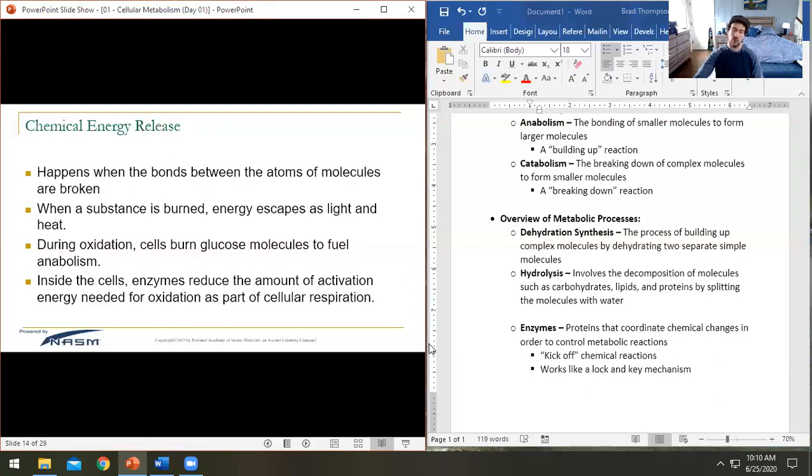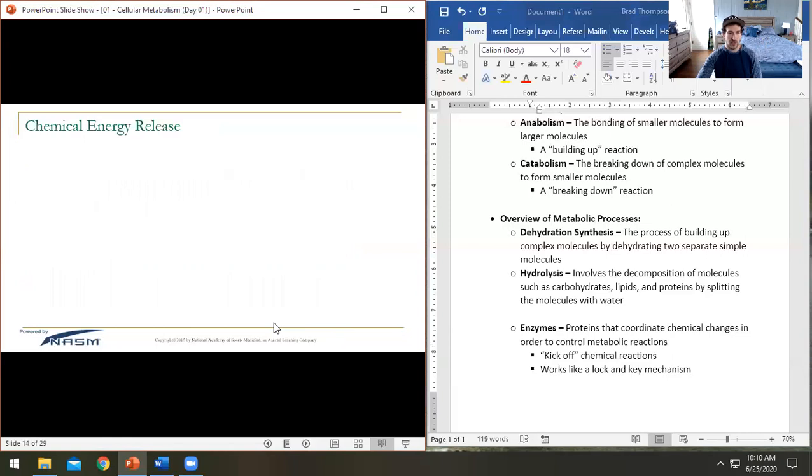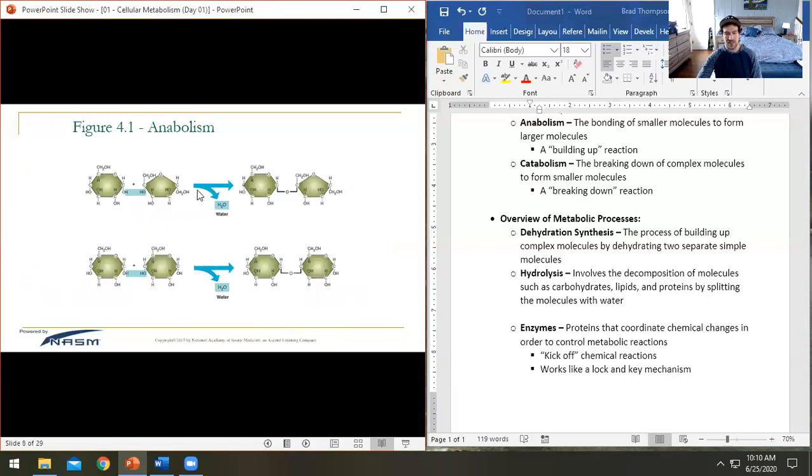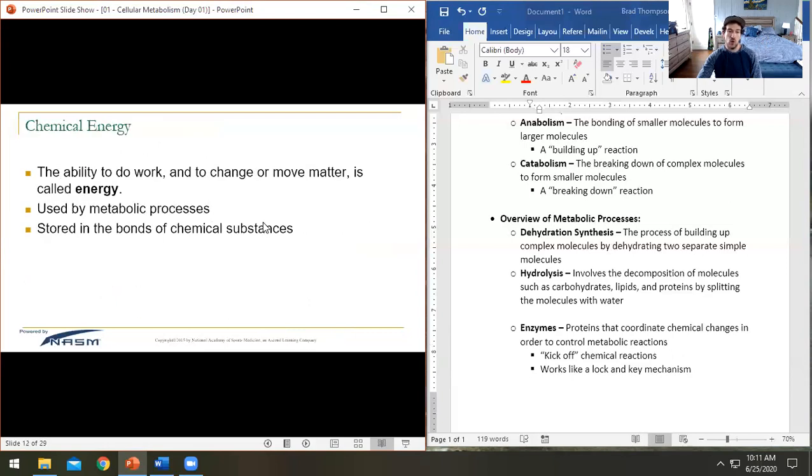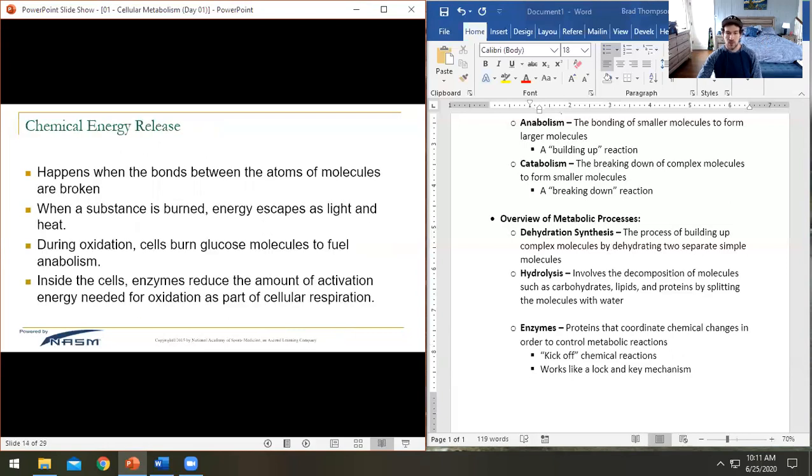A sugar molecule, that carbohydrate we were looking at earlier, this guy right here, is a single carbohydrate molecule. That is a molecule of glucose. We're going to break all these individual little bonds, and that's going to result in a whole bunch of ATP. When that energy is released, we're going to capture it in order to actually do work.